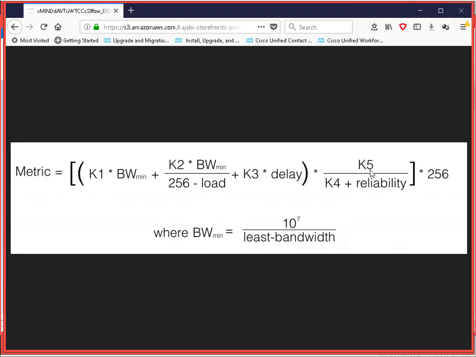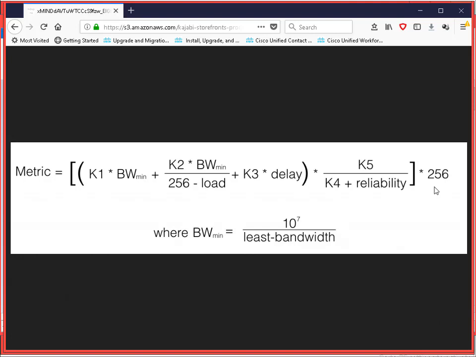All of that times K5 divided by K4 plus reliability, and then the whole thing times 256 to tell if it's an EIGRP metric as opposed to an IGRP metric. IGRP doesn't multiply by 256. EIGRP does, because we want to use a 32-bit wide metric as opposed to what IGRP uses.